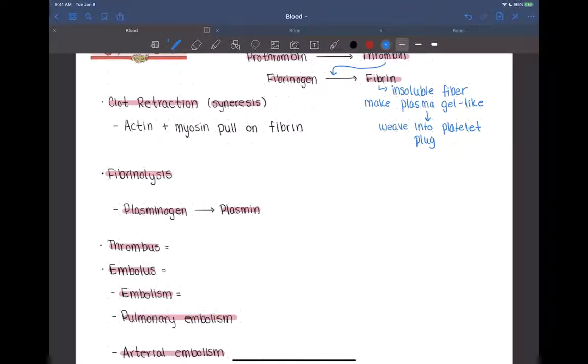And so what this does is it pulls the damaged edges together, right? So of that blood vessel that's damaged, all right, so damaged edges together, okay? And so that's going to help to bring those two pieces closer to each other, making it easier to kind of repair that wound. Okay, so that's clot retraction.